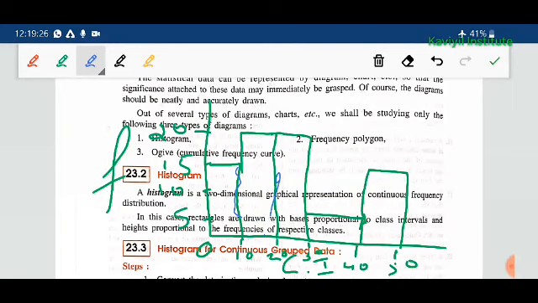Corresponding to the respective frequency, we are marking and drawing it proportional to the frequency of the respective classes. For example, for 40 to 50, the frequency is 15, right? In the same manner, for 30 to 40, the frequency is 5, right?